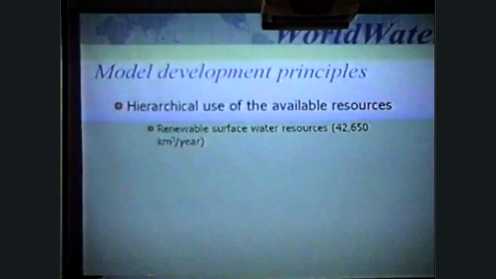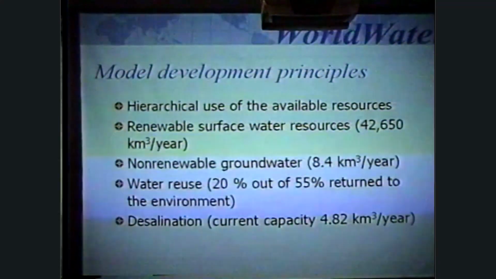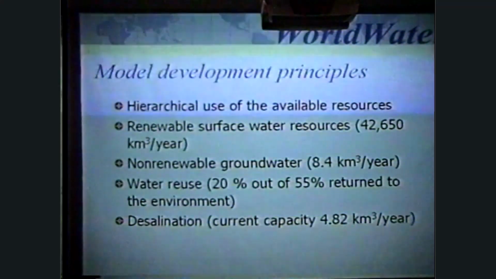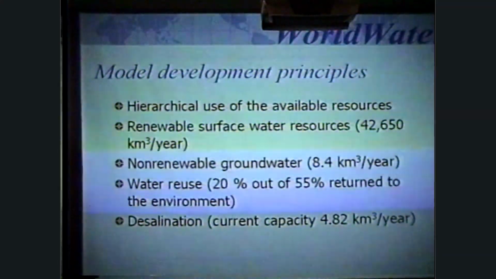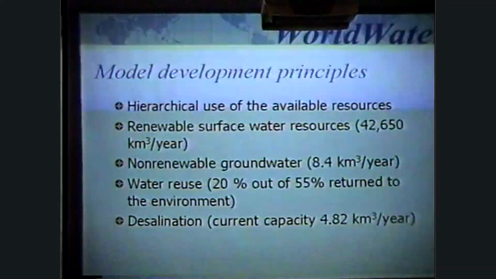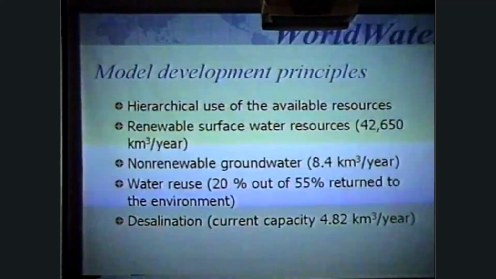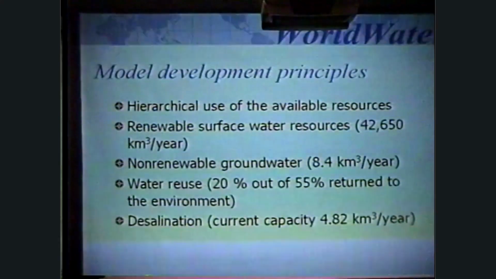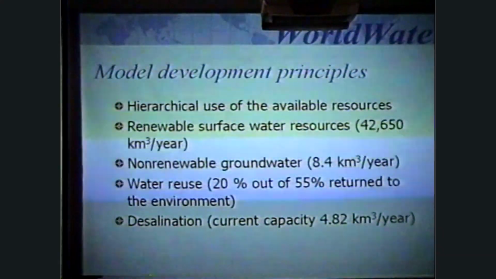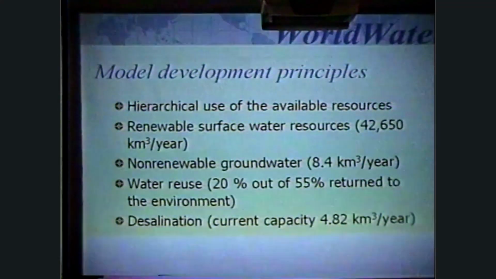In order to understand the impact and the relationships between the water resources and other sectors being considered in the World Three model, I needed to develop and use a particular set of principles. The water issue will not be resolved on the global level. I think Professor Mesarovic said the planet will not disappear.